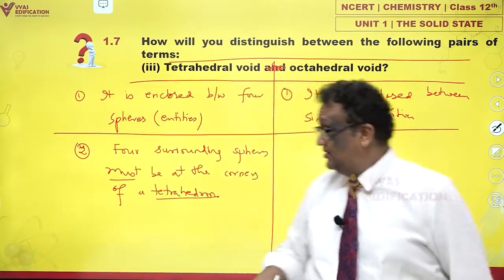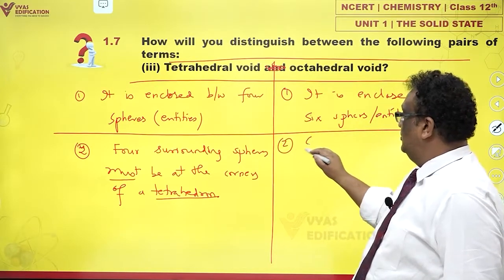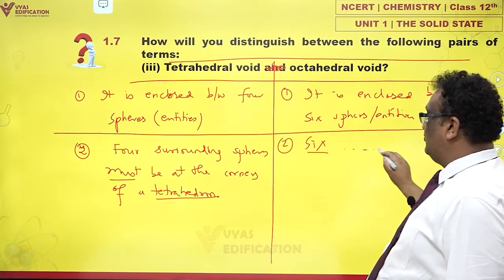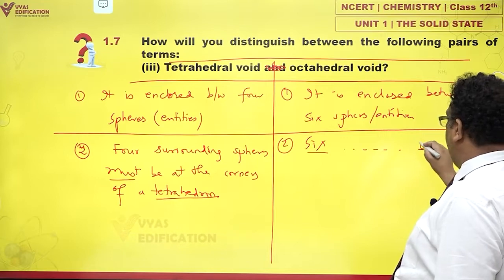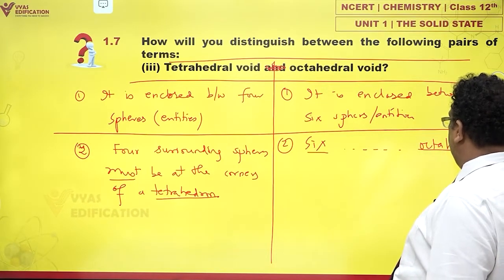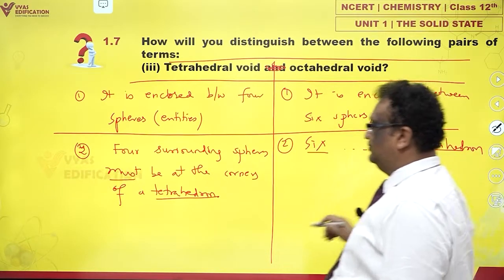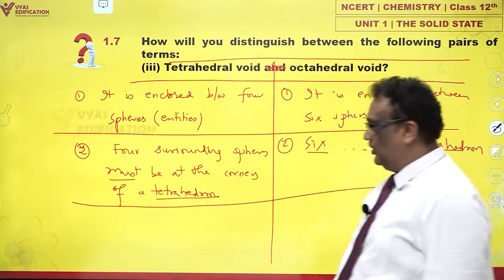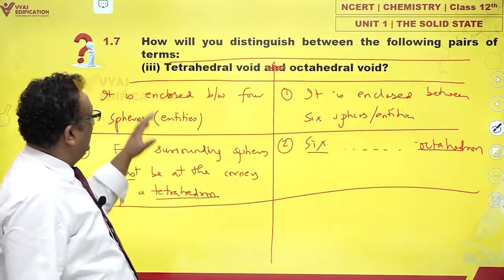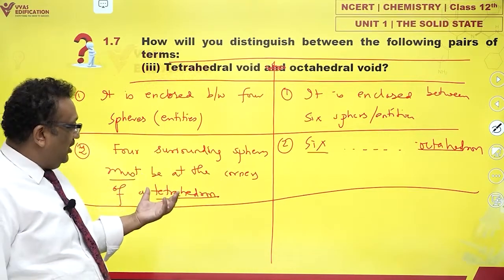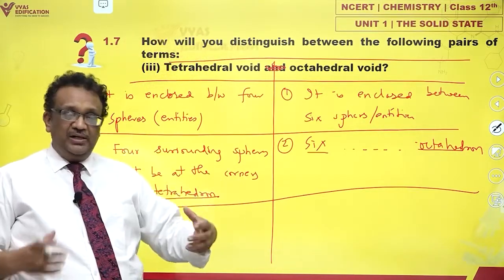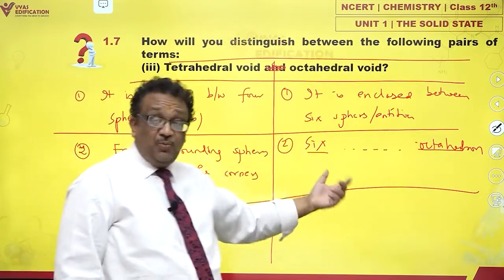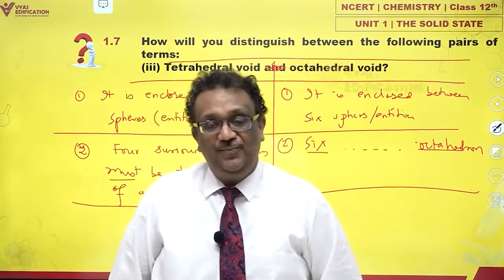And in this case, the 6 surrounding spheres must be at the corners of an octahedron. In between the content is the same, so you can fill up the same thing. So it is surrounded by 4 particles arranged tetrahedrally and 6 particles arranged octahedrally.